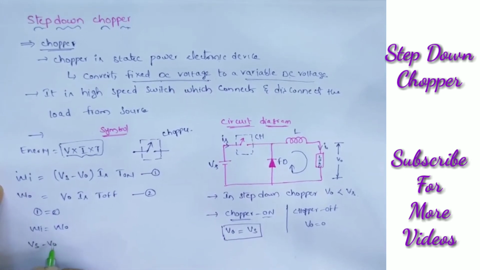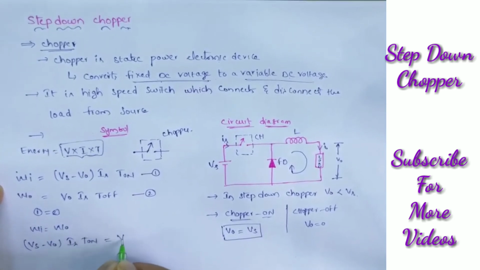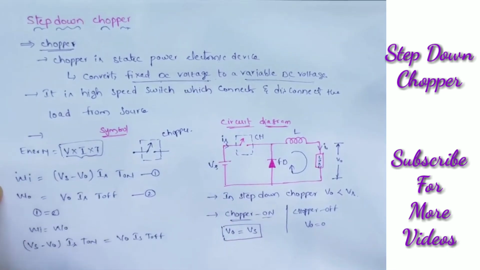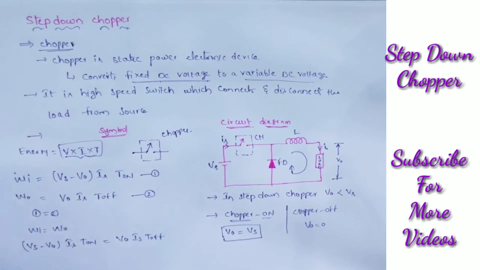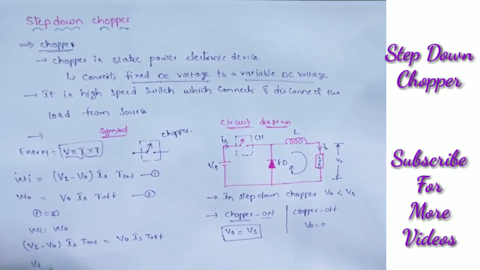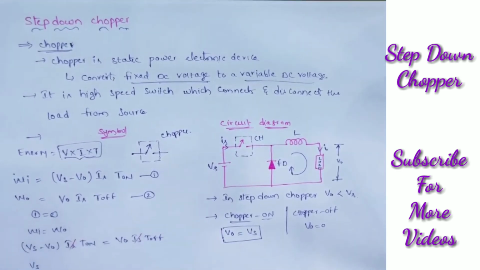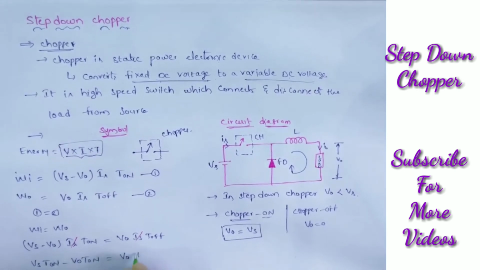Vs minus V0 into Is T on equals V0 Is T off. Then let's divide this by Is, and Is will cancel. Vs T on minus V0 T on equals V0 T off.